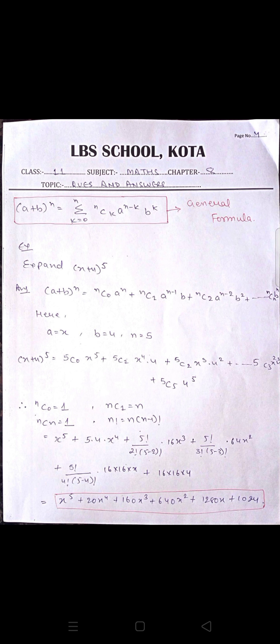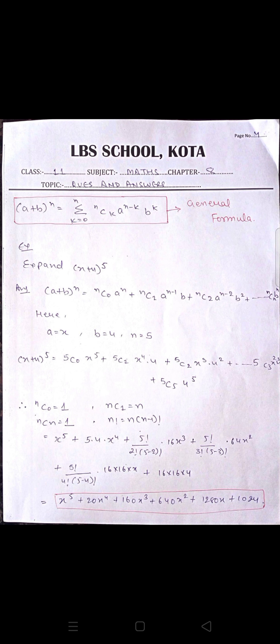So if we split the above expression, we get x to the power 5 plus 5 into 4 into x to the power 4 plus 5 factorial upon 2 factorial into 5 minus 2 factorial, which with 16 gives x cubed, plus 5 factorial upon 3 factorial into 5 minus 3 factorial into 64 into x squared, plus 5 factorial upon 4 factorial into 5 minus 4 factorial into 256 into x, and the final term will be 4 to the power 5.